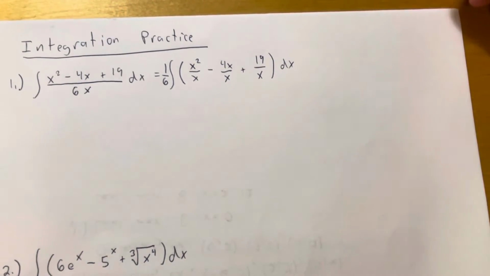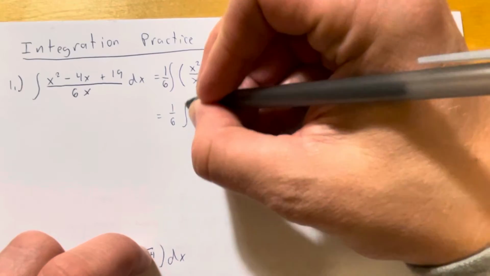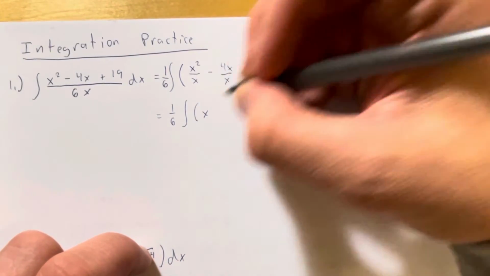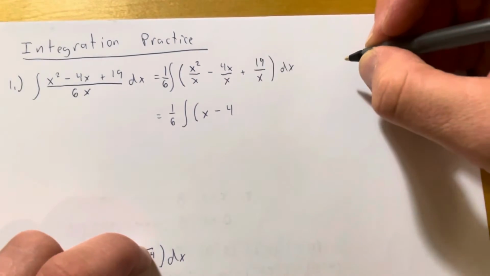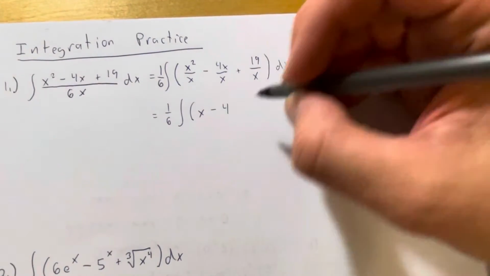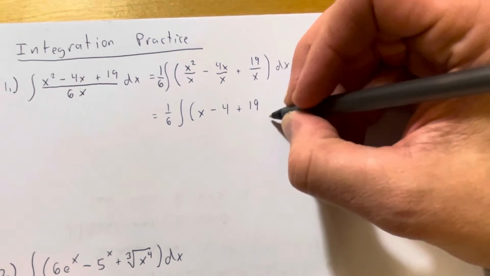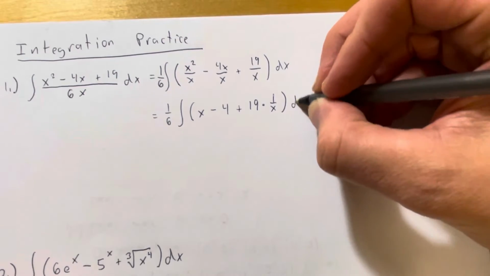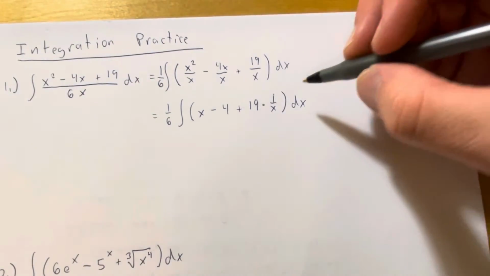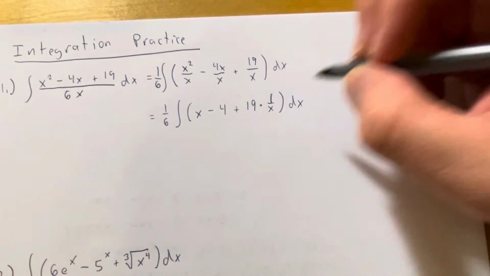This can be pretty drastically simplified. x squared over x is the same thing as just x. 4x over x is just 4, so we have a minus 4 here. And then this last term, you don't need to do this, but it might help if you're still getting used to integrals and antiderivatives, to pull the 19 out front so you see a 1 over x there. I'll talk about why that might help in a second.